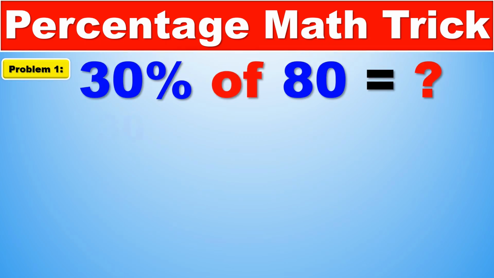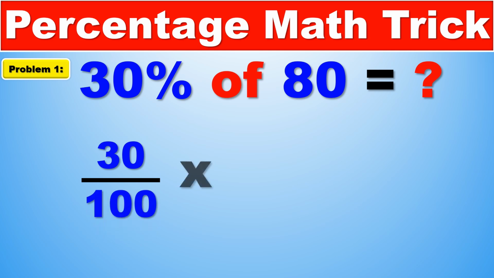Now, the usual way to do this is to pretty much make both of these fractions. So in this case, we would have 30% become 30 over 100 and 80 become 80 over 1. So now what we have is 30 over 100 times 80 over 1. Now we can begin to simplify this equation.